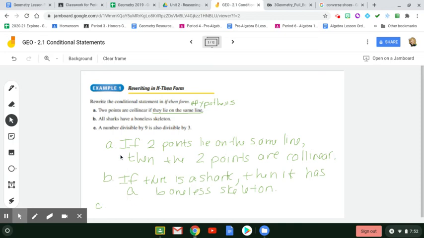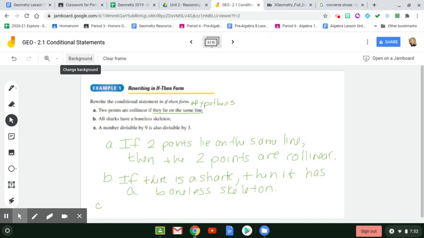A number divisible by 9 is also divisible by 3. Okay, so I don't see the word "if" in the problem, so I don't have to worry about starting with something to have the hypothesis. So maybe we can just assume the beginning part is the hypothesis.